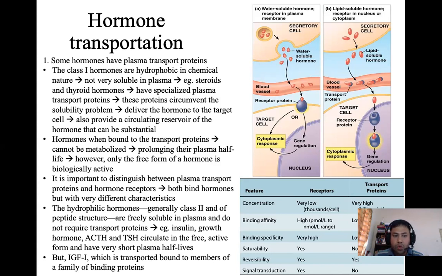The differences between class 1 hormones, which are hydrophobic, and class 2 hormones, which are hydrophilic. The hydrophilic hormones, class 2, are made of peptide structure. Peptides are the basic units of proteins.